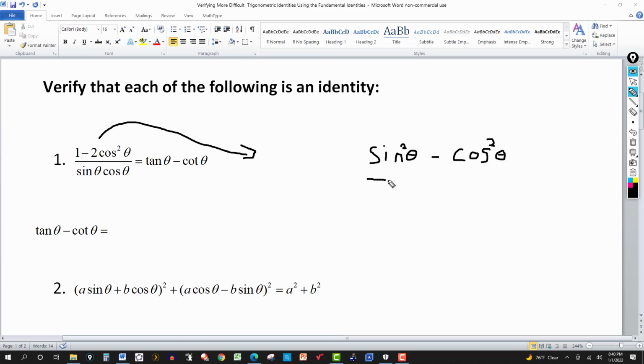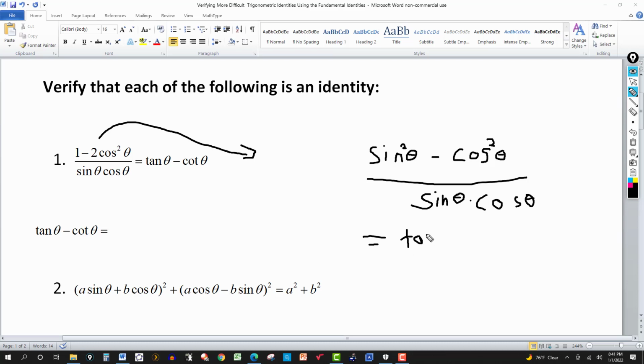And this is going to be over sine theta cosine theta. And then again, just to shorten this part of the video, I'm just going to simplify. So the sine squared will be divided by sine of theta cosine of theta. So what's going to happen? One sine theta would divide out. So sine squared theta over sine theta cancels one sine, leaving sine over cosine. But that is tangent of theta.